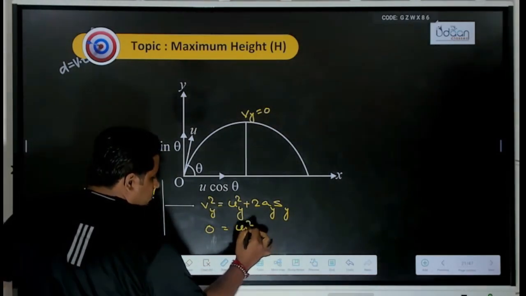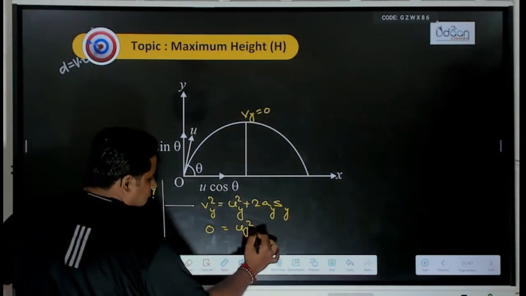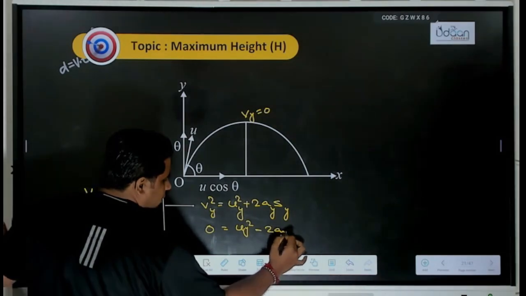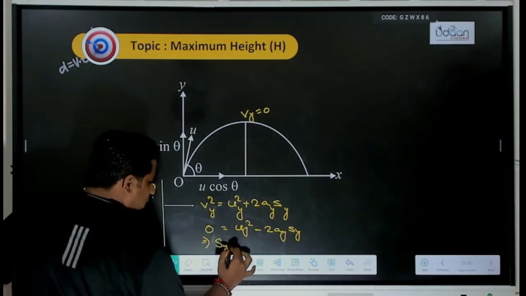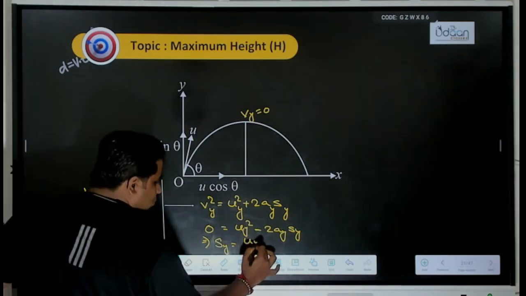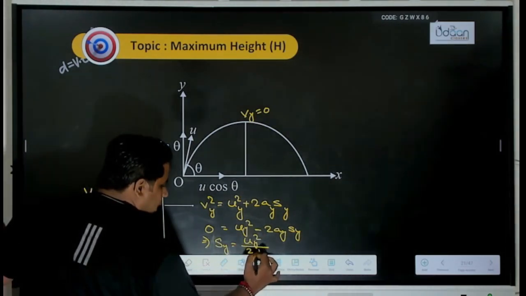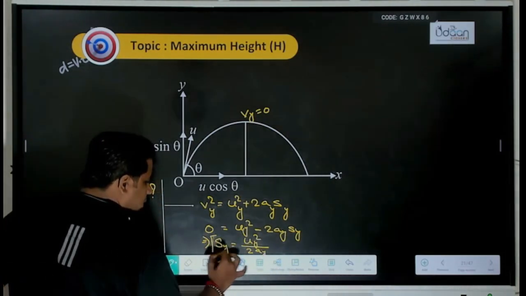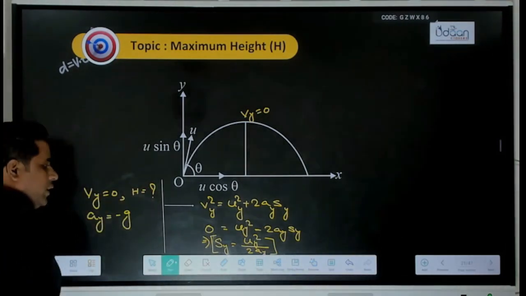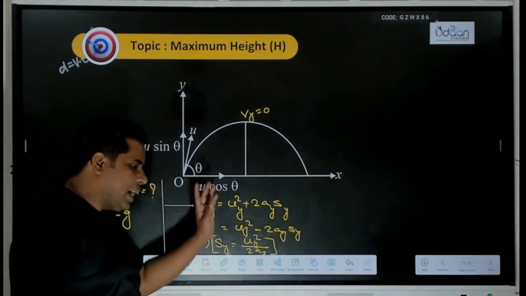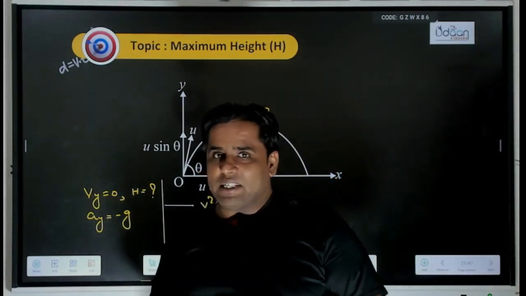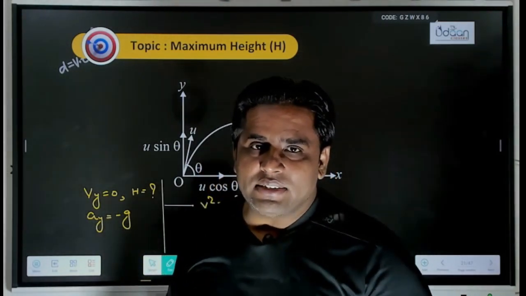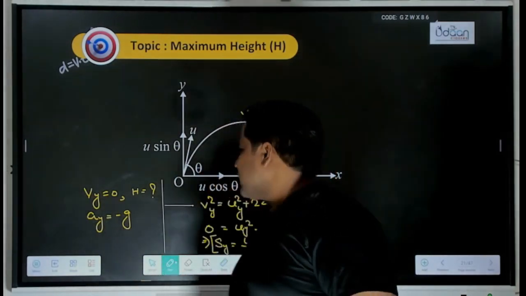So 0 equals uy square plus 2ay sy, which means it becomes minus 2ay sy. So what will be the value of sy? sy is nothing but uy square upon 2ay, and this is the displacement in y direction when the final velocity in y direction is 0. And when this happens, this displacement is called the maximum height.